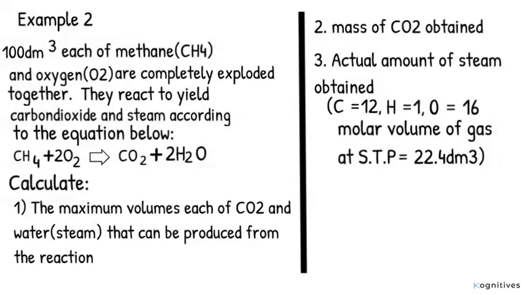They gave us 100 dm cube each of both methane and oxygen. In this type of question, we should first and foremost determine which of the reactants is in excess. To do this, we have to compare their stoichiometric ratios.